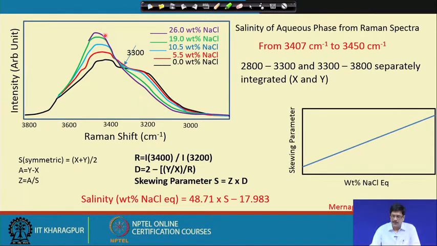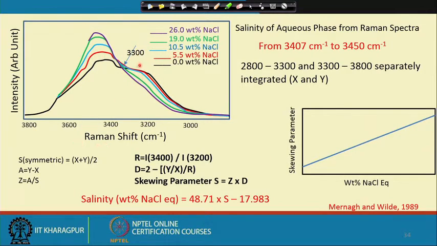What is generally observed, in the way it has been applied, is that right about 3300 centimeter inverse, all these peaks have a common intersection point. As you could see here, the higher NaCl weight percent liquid has a broader hump compared to water with lower NaCl equivalent weight percent.